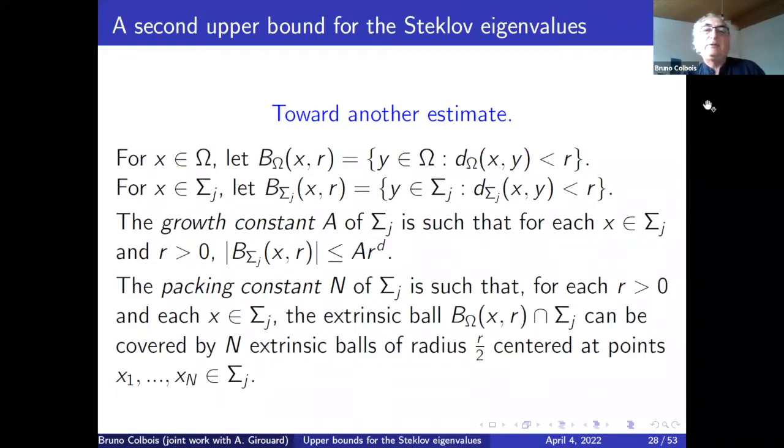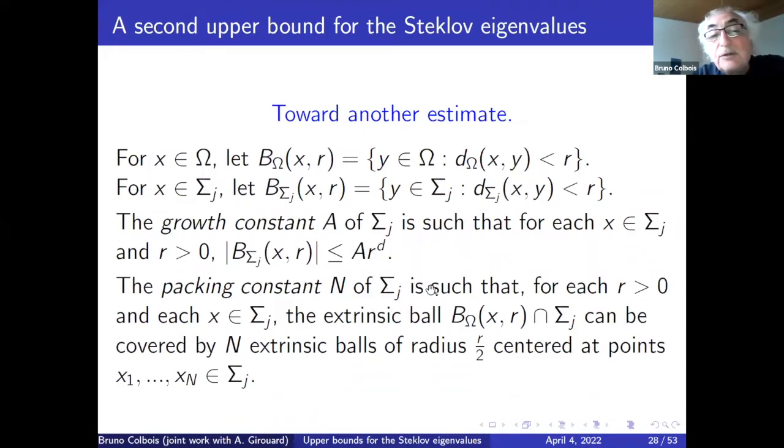So in fact, it was probably introduced in a paper by Grigor'yan and Netrusov-Yau almost 20 years ago. It's better sometimes when you have a compact manifold like sigma J here, sigma J is one of the boundary components. You can just introduce the growth constant, that is a number which controls the volume of the ball. Of course, it's maybe very large, but because sigma J is compact, there exists such a constant, and it has to do with the measure.